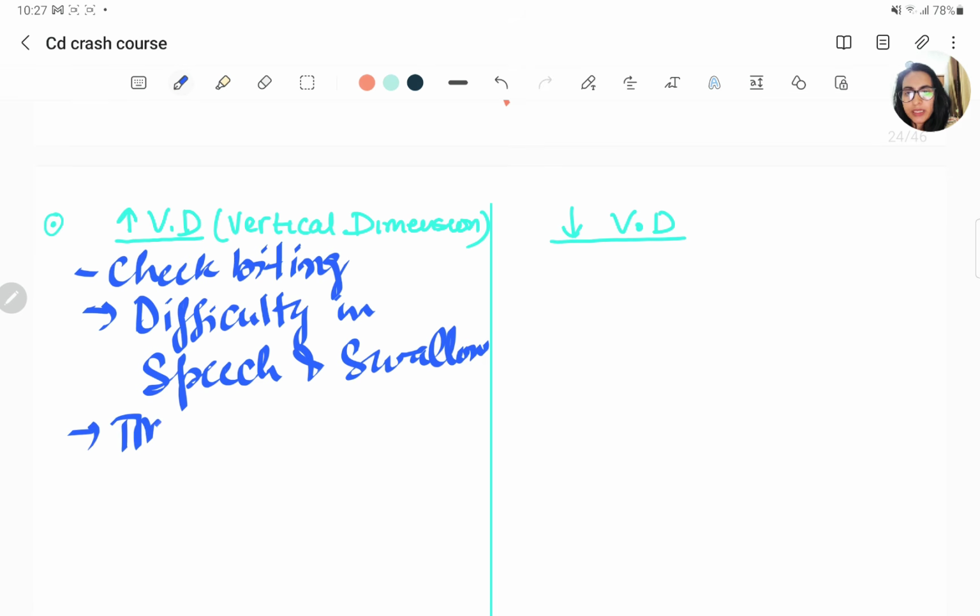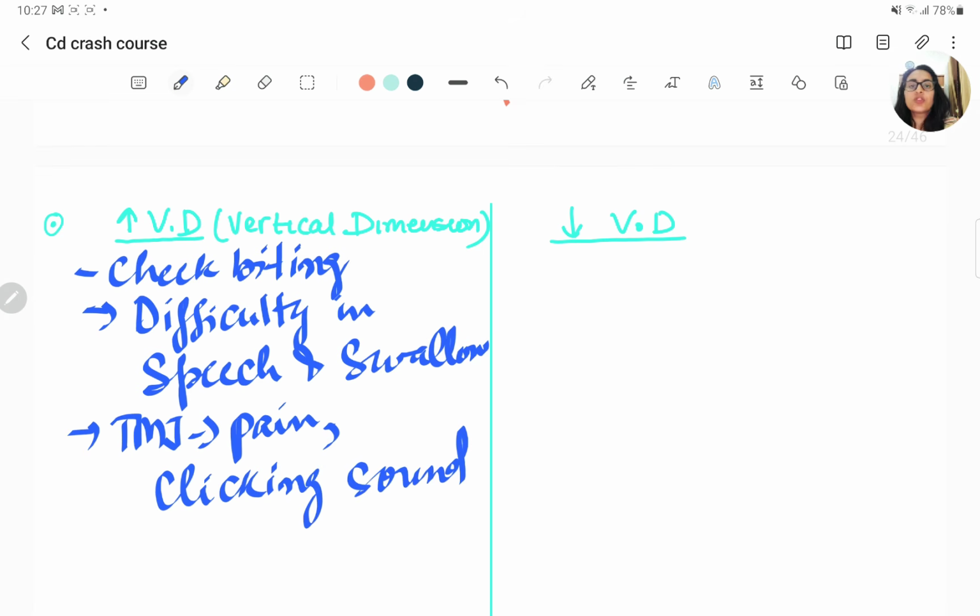Also, there will be TMJ pain and a TMJ clicking sound when the teeth contact. Because you have reduced this freeway space, the patient's teeth will contact frequently. So there will be a clicking sound from the contacting of the teeth.